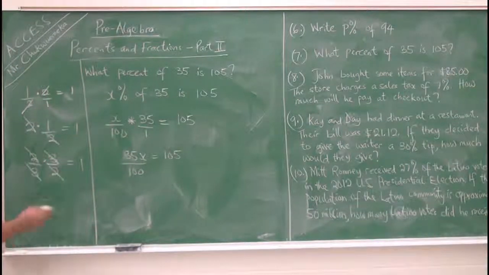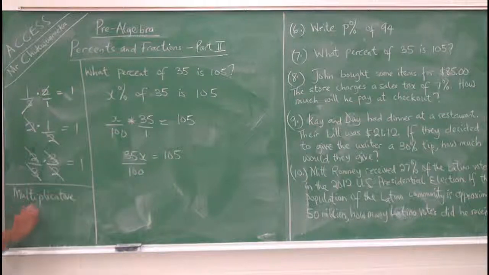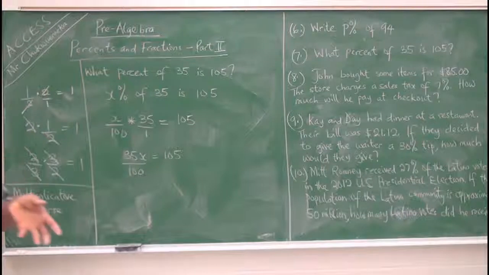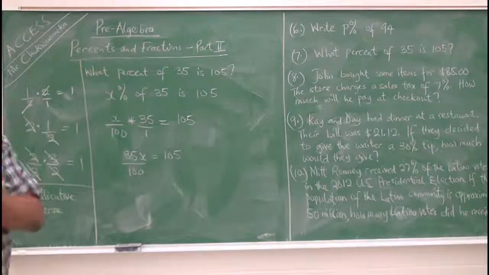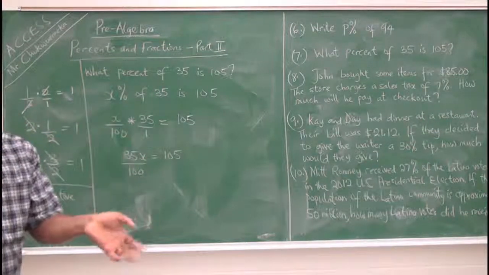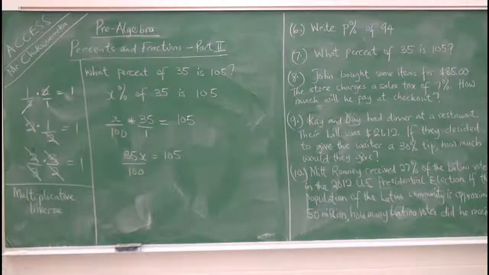So the method that we shall use in this video is what we call the multiplicative inverse method, multiplying by the multiplicative inverse. Remember, the multiplicative inverse of something is what you will multiply by that thing to give you 1.